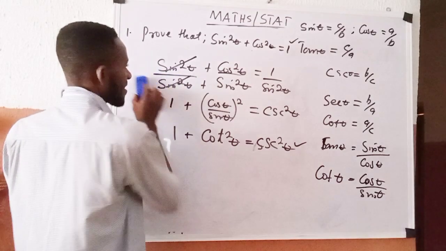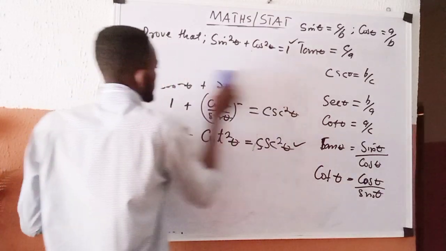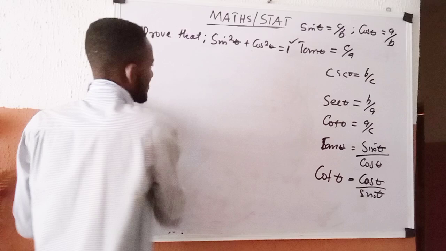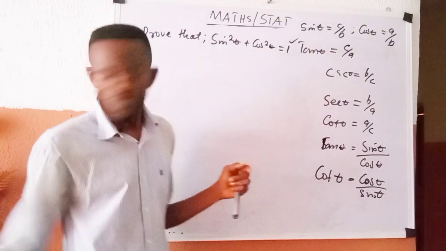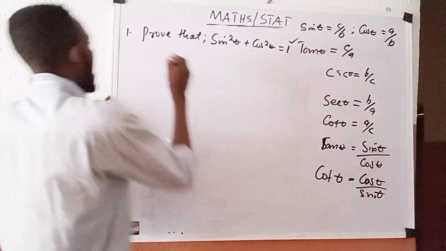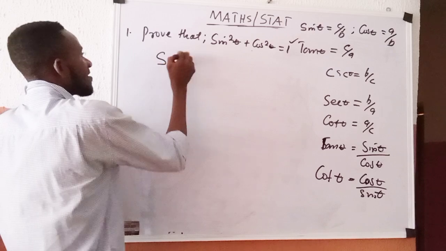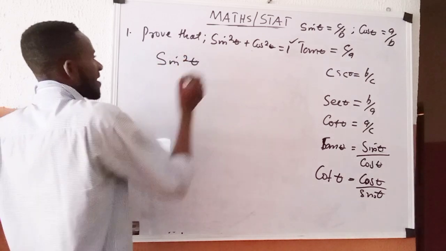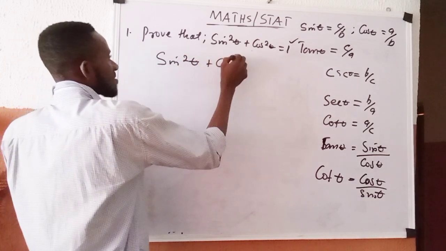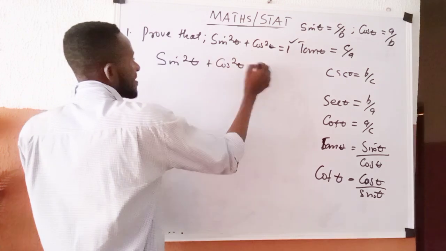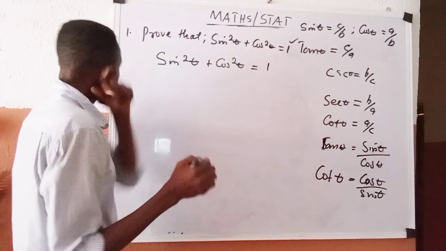You permit me to clear. What we have here becomes sine squared theta plus cos squared theta is given as 1.